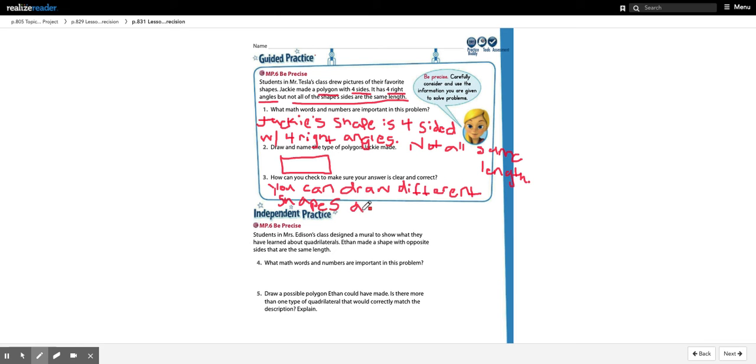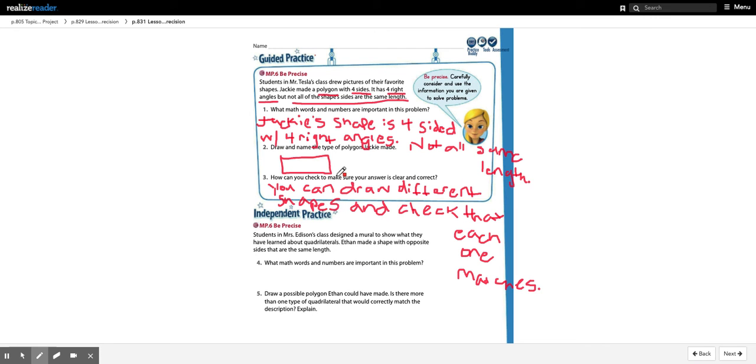You can check that each one matches the description.